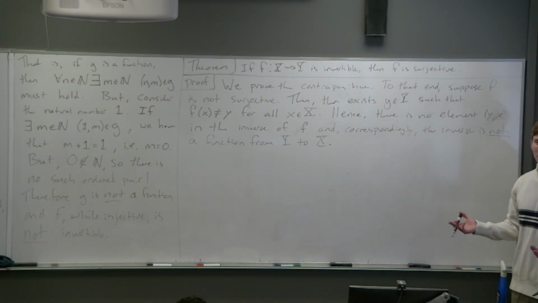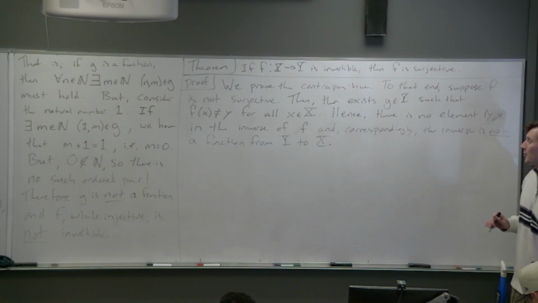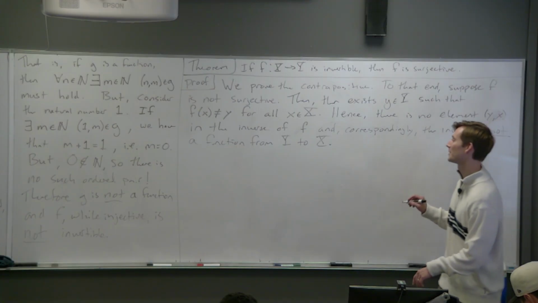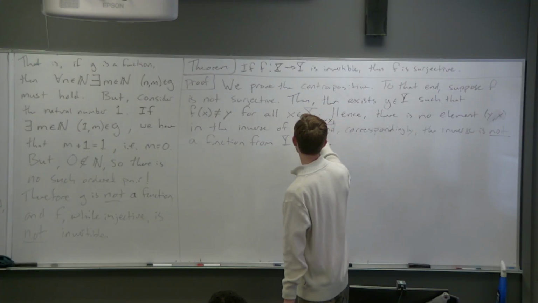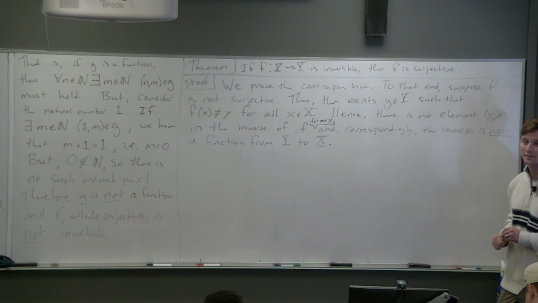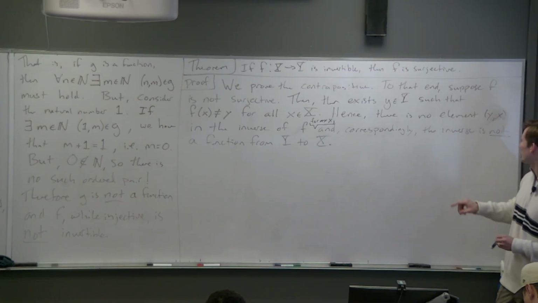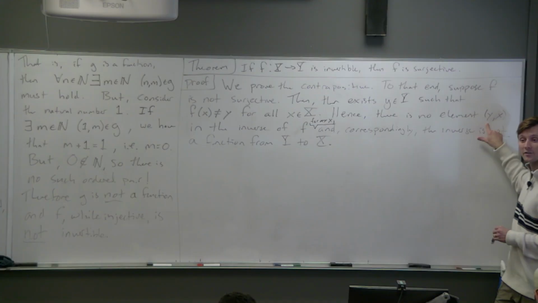Perhaps said kind of pithy, but we've really hammered this point home a lot. That is, there is some y in Y such that (y, x) is not in the inverse of f for any x, and correspondingly, the inverse is not a function from Y to X. That is, there is no ordered pair in the inverse with that y as its first coordinate.